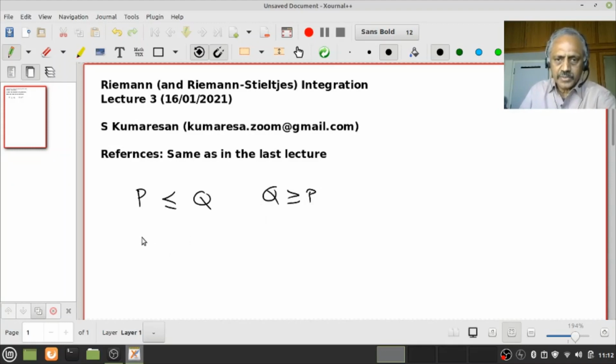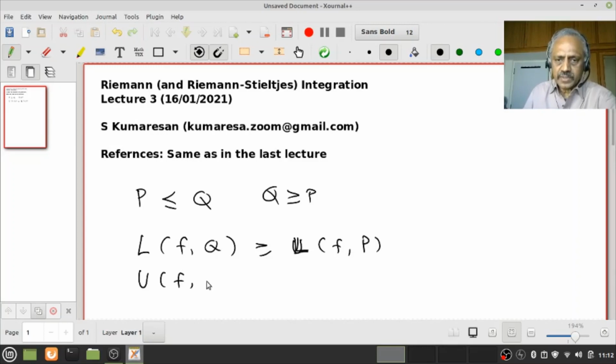We observed something very interesting with finer partitions: L of f, Q is better than L of f, P. The lower sum gets increased, whereas the upper sum gets decreased.